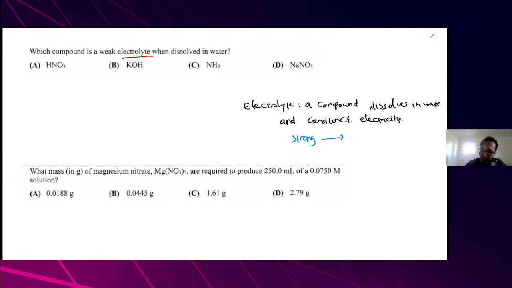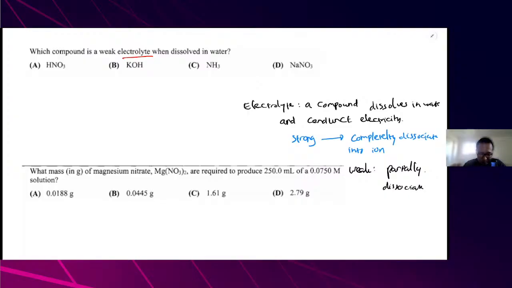A strong electrolyte is an electrolyte which completely dissociates into ions, while a weak electrolyte just partially dissociates.